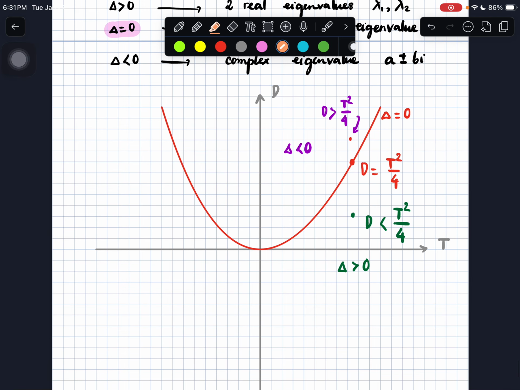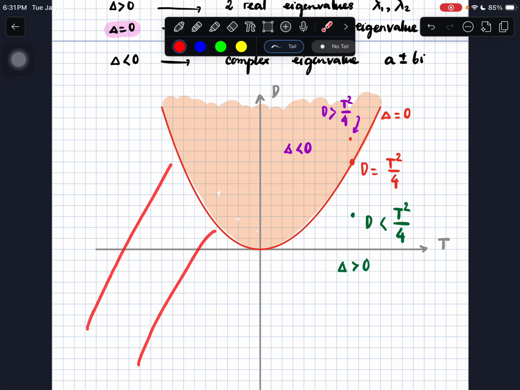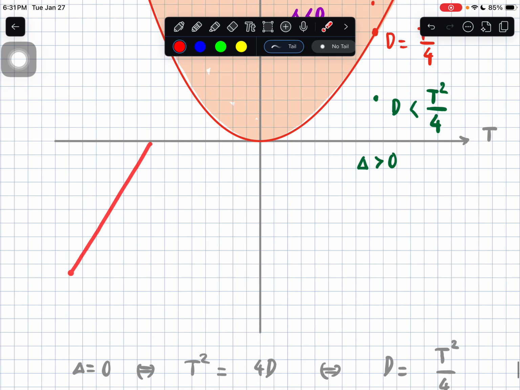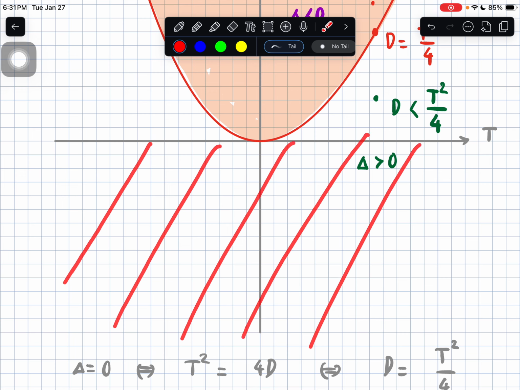Here is the region where delta is negative, which means we have two complex eigenvalues. And all of this region corresponds to delta positive, so we have two real eigenvalues. Let's look at the lower half plane.